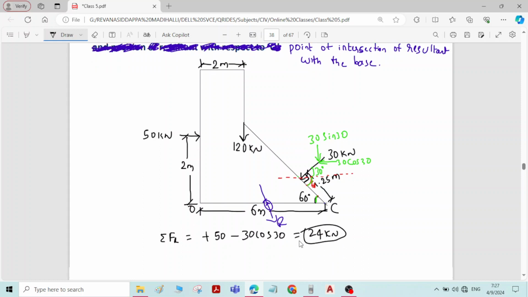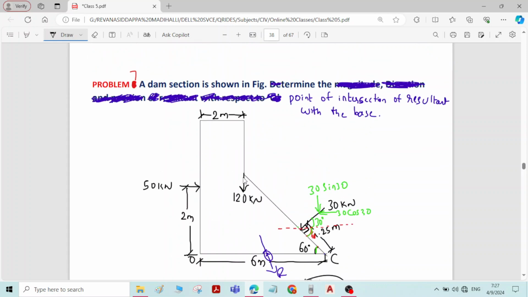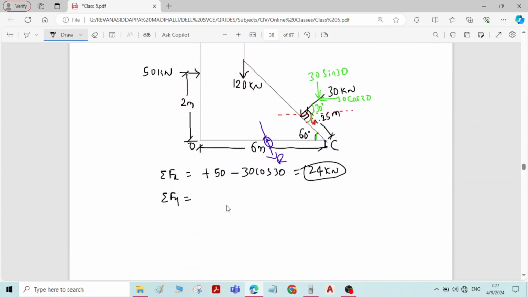Then sigma fy, the sum of forces in the y direction. We have the 120 kilonewton force acting in the downward direction, minus 120, and 30 sin 30 acting in the downward direction, minus 30 sin 30. The answer is minus 135 kilonewton.